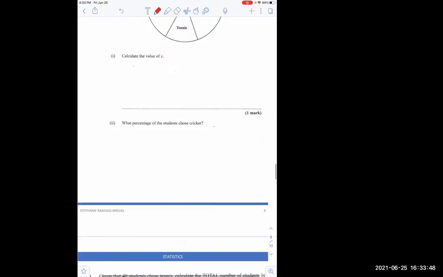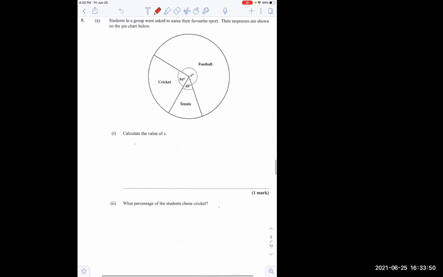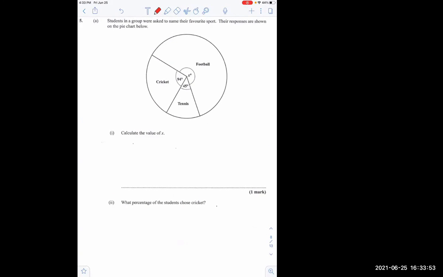Ready? How many degrees in a circle? 360. So how are we going to find x? Add 94 and 45, and 360 minus that total, miss.